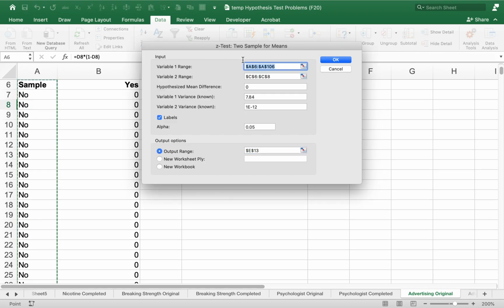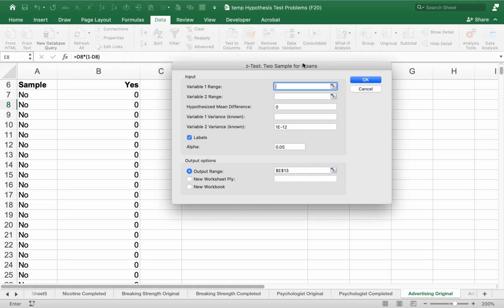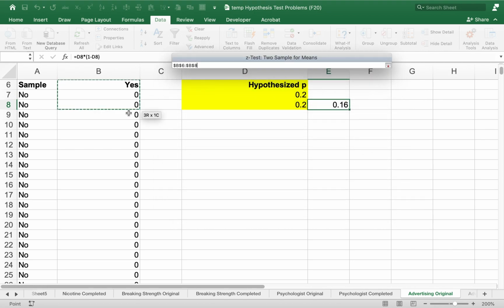Now, this is just here from the last problem, so let's just clean that up a little bit. So the variable 1 range is now the columns of zeros and ones.